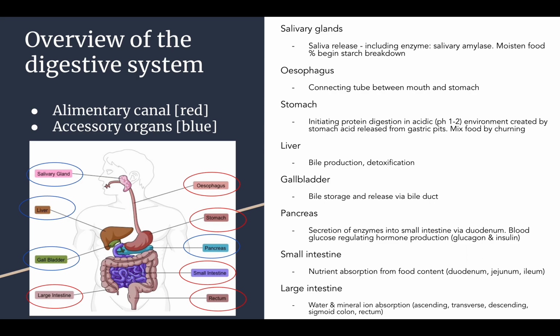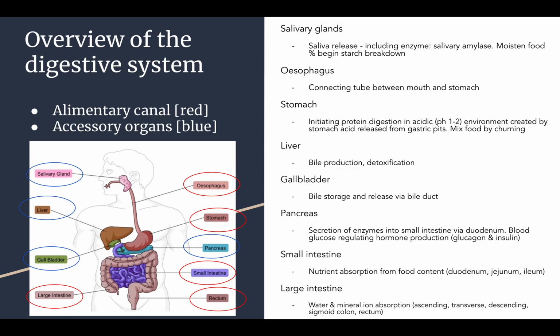So the small intestine is mainly where nutrient absorption happens, and it's divided into 3 sections, the first being the duodenum. I don't think we really need to know the sections, but this is the main part that we learn about in IB biology.